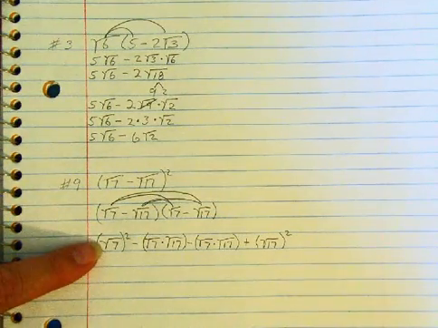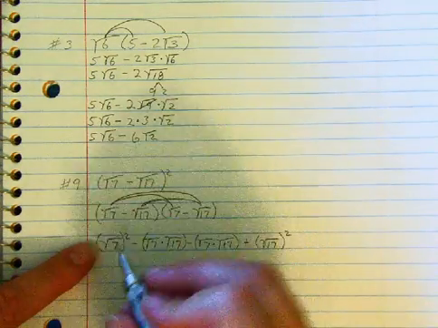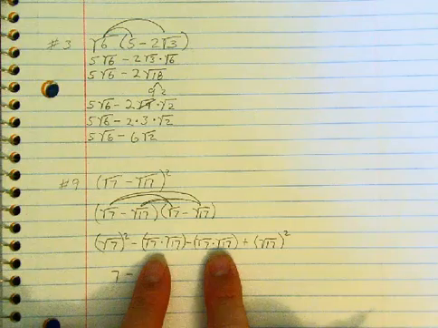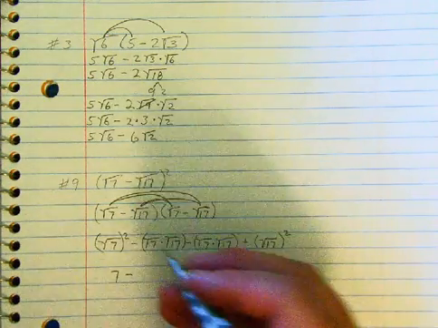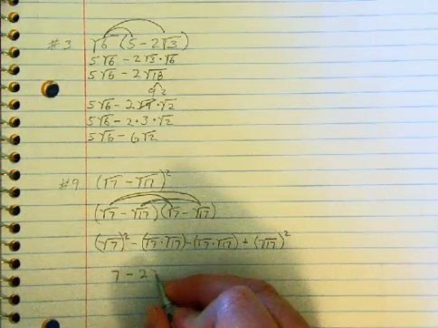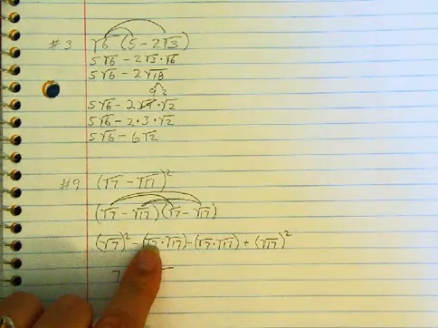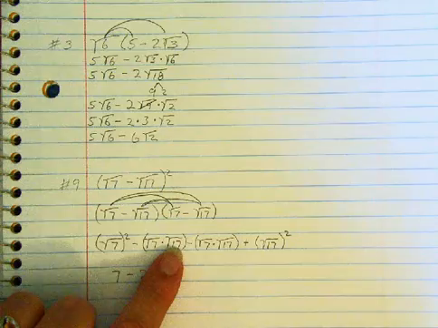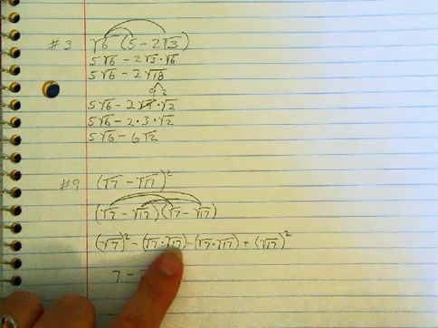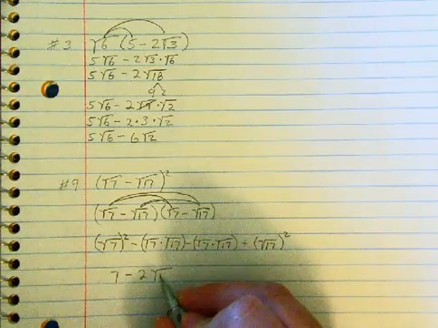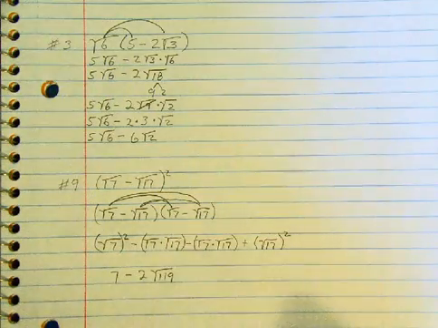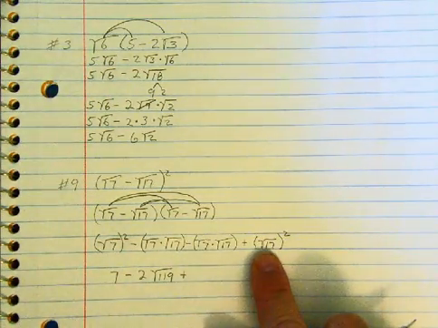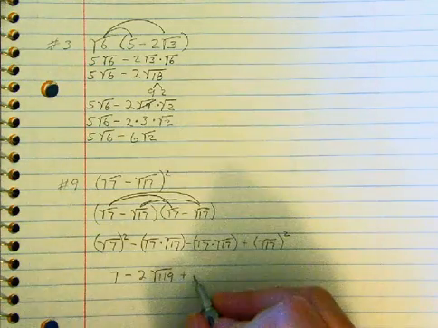A square root squared, those cancel each other out, so we're left with 7 minus, we've got two of them that look exactly the same, so 2 times square root 7 times our 17, we end up getting 119, and then plus, again, a square root is squared, so this is just 17.